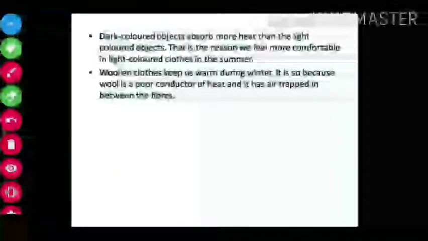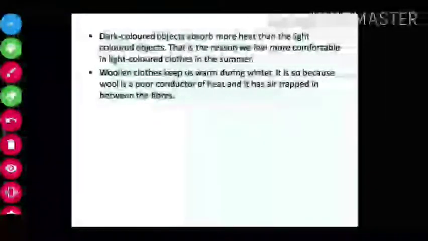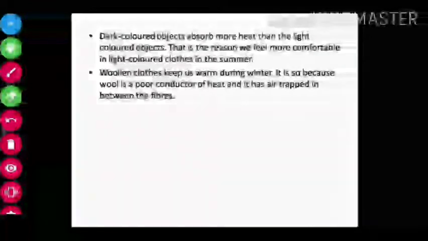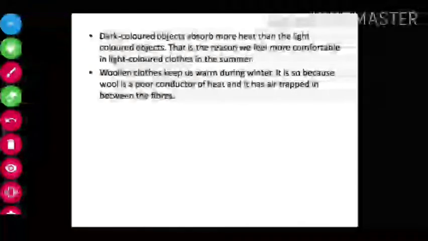That is the reason we feel comfortable in light colored clothes in summer. Then in winter we wear woolen clothes. Why? That keeps us warm, because wool is a poor conductor of heat and it has air trapped between fibers. So this is about the clothes we wear during winter and summer.